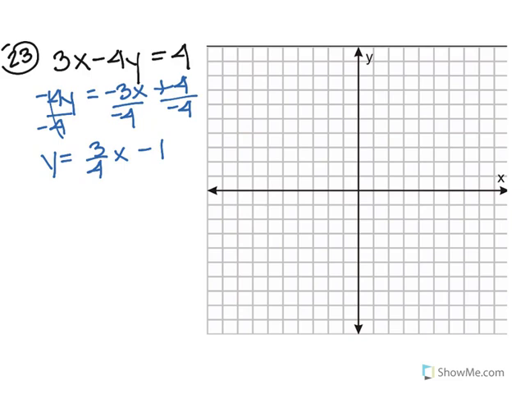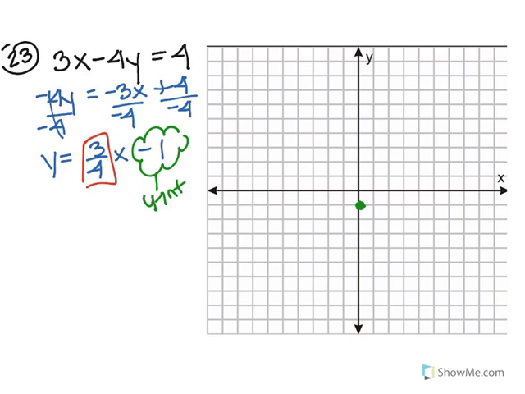Okay? So in order to graph, I'm going to start off by putting my first point on the y-axis at my y-intercept of negative 1. So we're going to go to negative 1, and on the y-axis, that's where we're going to put our first point. Now your slope is 3 over 4.